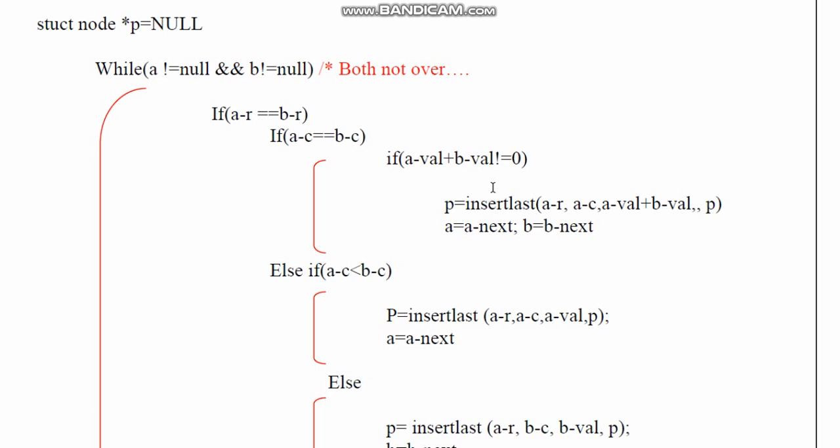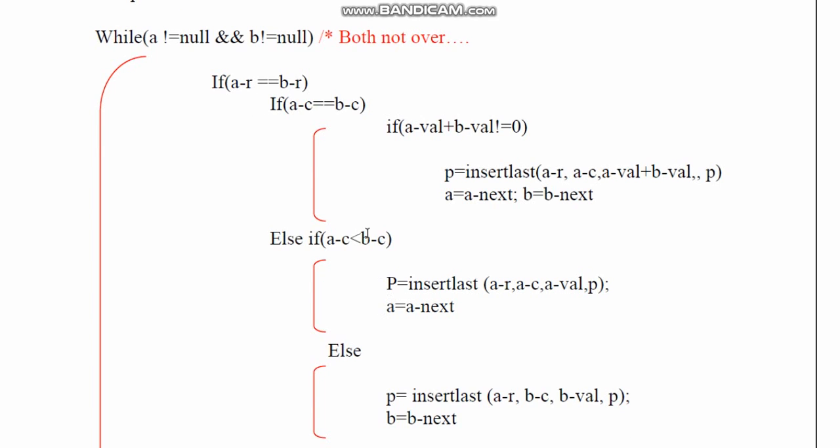So for example, in this case, A's row and A's column are both the same here. Then the values are added, A's value plus B's value, and passed to P. P is my existing list, that is my same insert function. Then A is advanced, B is advanced.